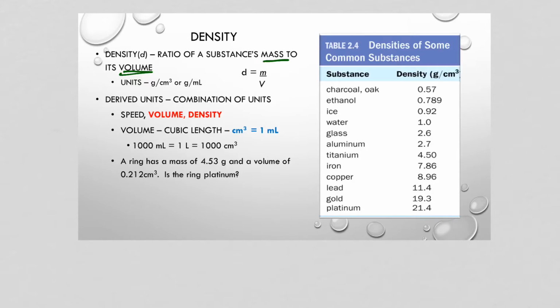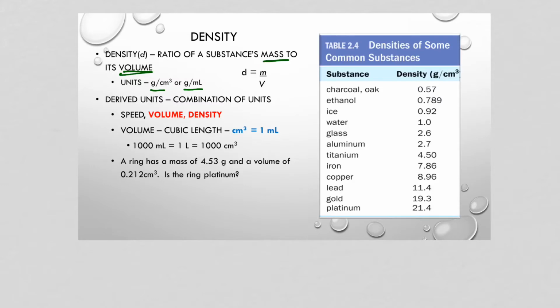Now, we've been talking about units in the last couple of sections, so we're going to focus here on the units. The units for density are typically grams per cubic centimeter or grams per milliliter.